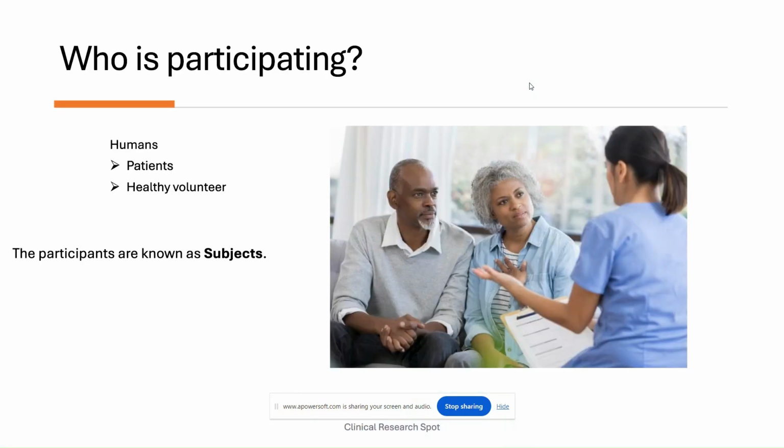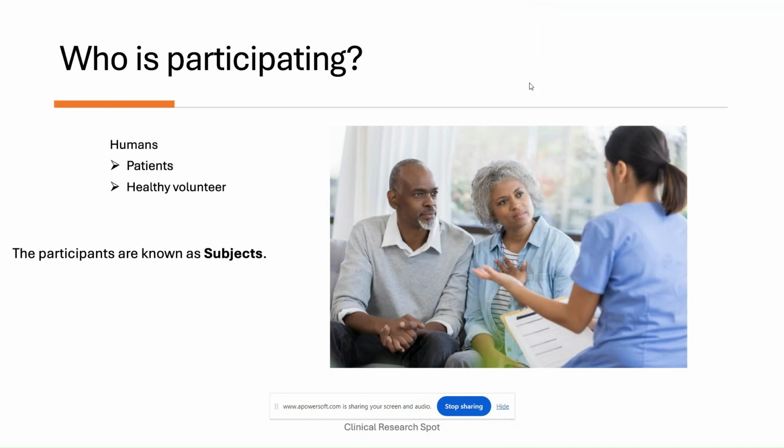So now let's see who is participating in this research. Of course, humans are participating in the clinical trial. Always remember, it's not an animal study. There are no animals involved in the study. It's purely a human study. We can divide these humans into two types: patients and healthy volunteers.